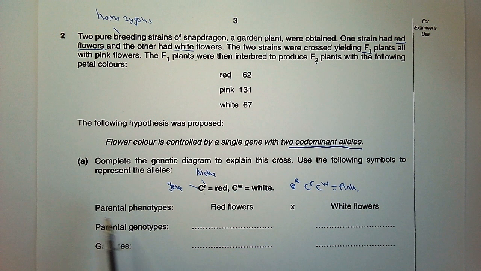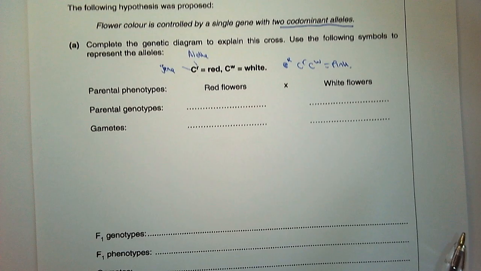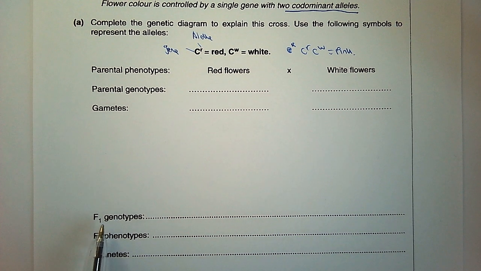Right, the question then says we've got to work out the parental genotype, the gametes, and then we've got to work out the F1 generation genotypes, the F1 generation phenotypes, and the gametes that they would produce.